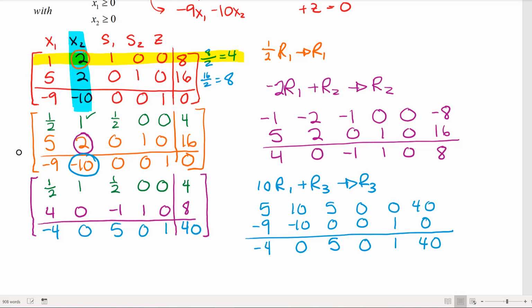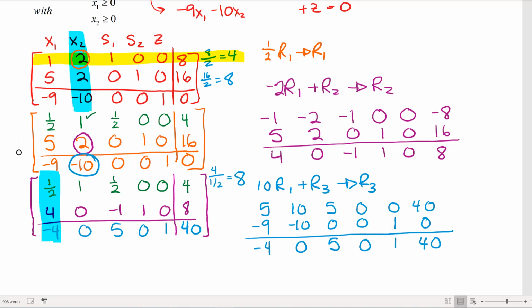Now, to see if this is my final simplex tableau, I need to see if there's any more negative indicators. And there is. This negative 4 is another negative indicator, which means column 1 is going to be my pivot column. To figure out which row is going to be my pivot row, I'm going to take the constant column, which is the last column, divided by the pivot column. So 4 divided by 1/2.